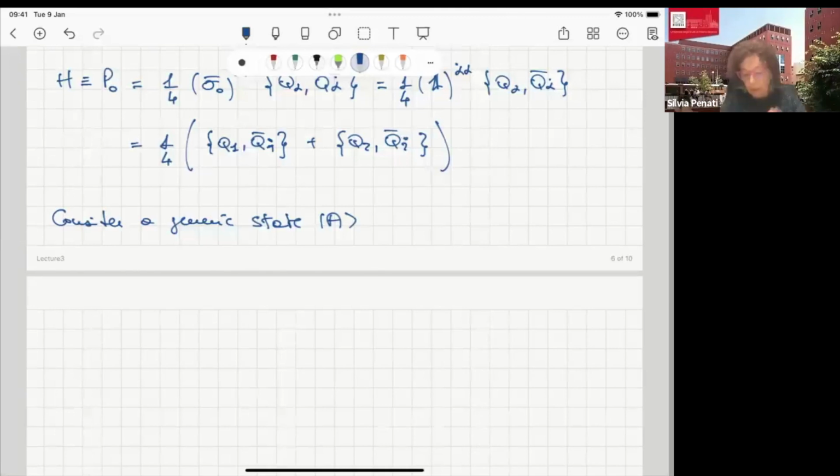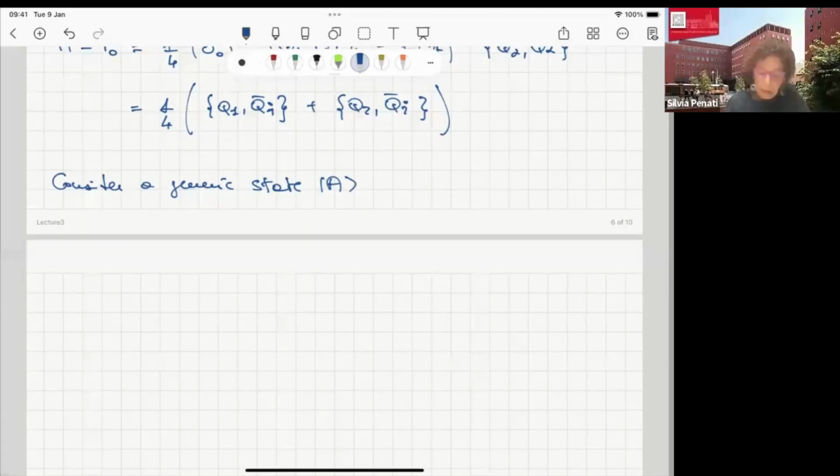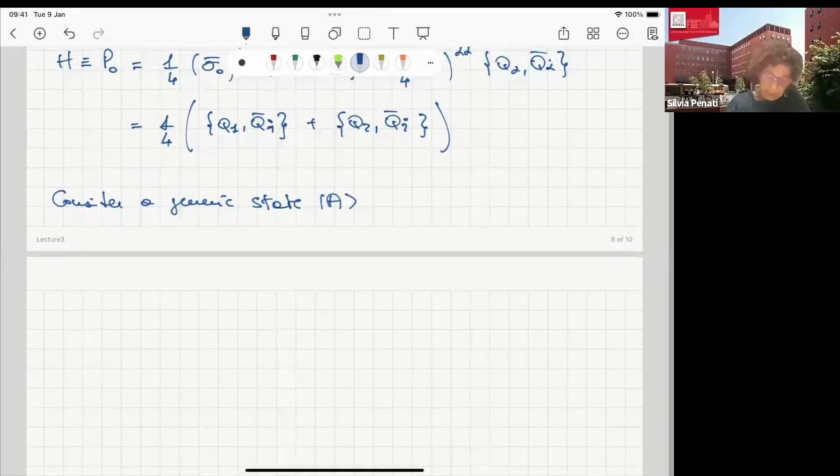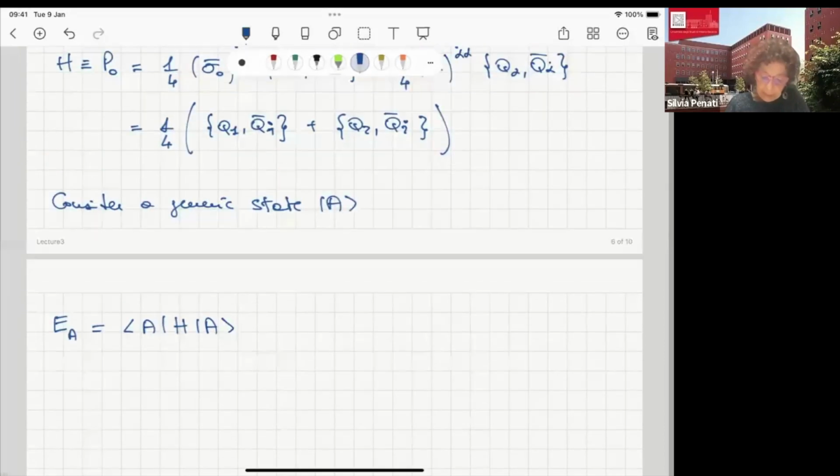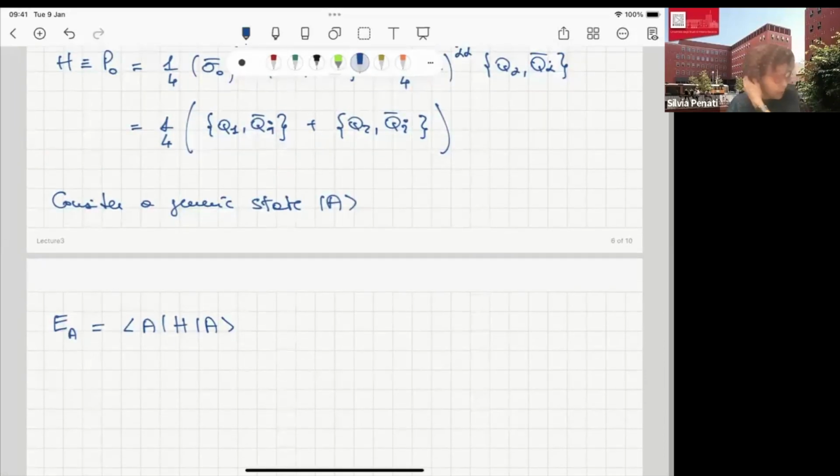I want to see, for instance, the energy of the state A. Therefore, what I have to compute is this quantity, and I can express H as we wrote it here.